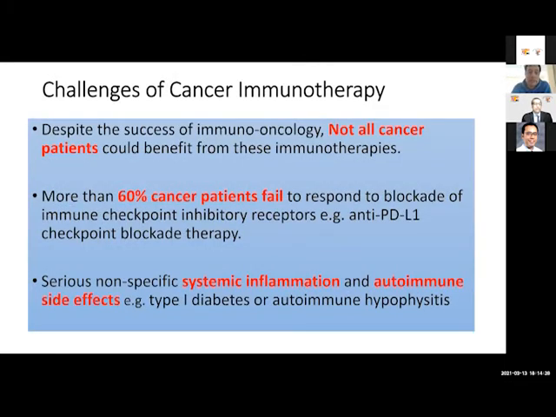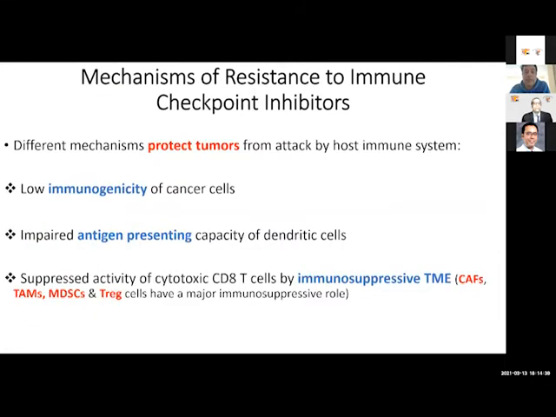But we know that a large proportion of patients still do not respond to the classical immune checkpoint inhibitors, and there are many reasons for the development of resistance. One of the reasons is epigenetic modulation, as Dr. Hazem explained. I'll talk about other reasons, like low immunogenicity of cancer cells, for example, and impaired antigen-presenting capacity of dendritic cells.